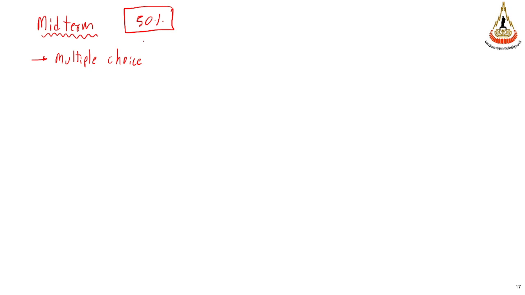How about homework? I think homework I made it at first 10%, but I think I will give it 15% for you, which is certified for exam. Okay, it's good.